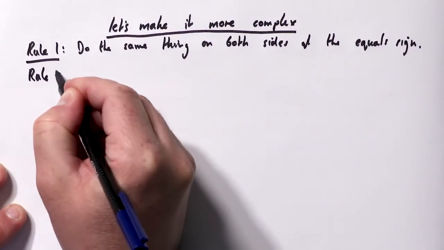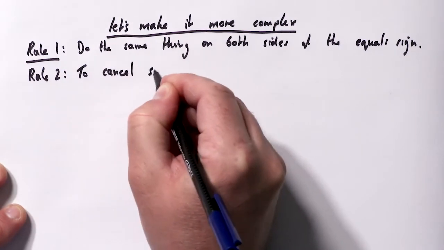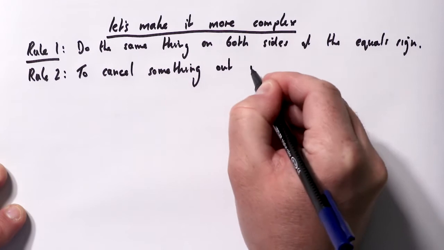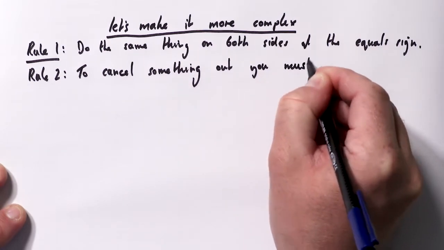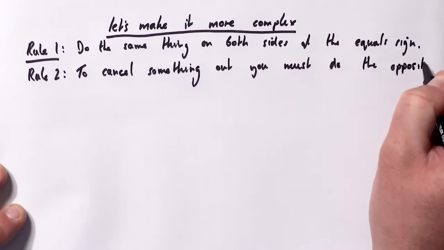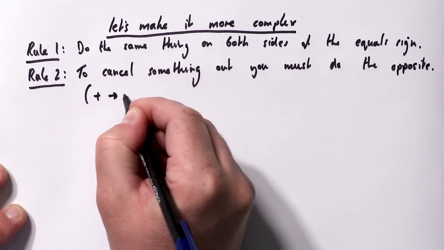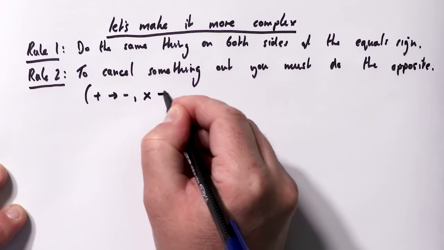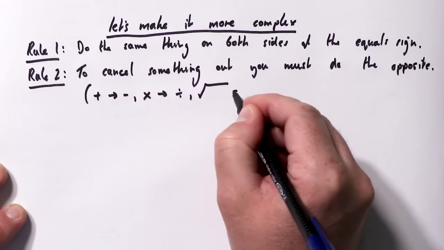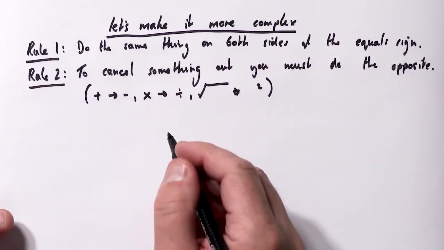And rule 2, to cancel something out, you must do the opposite. So just to clarify, what I mean is the plus sign becomes a minus, the times sign becomes divide, and a square root becomes square, like that. So let's look at a more complicated equation.